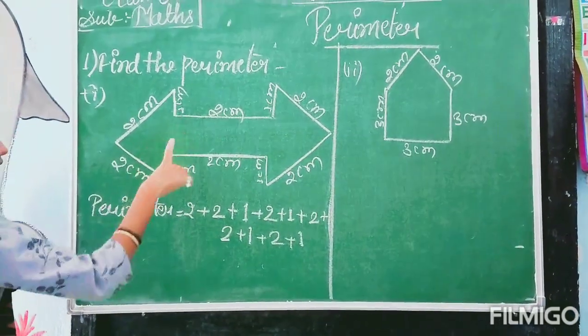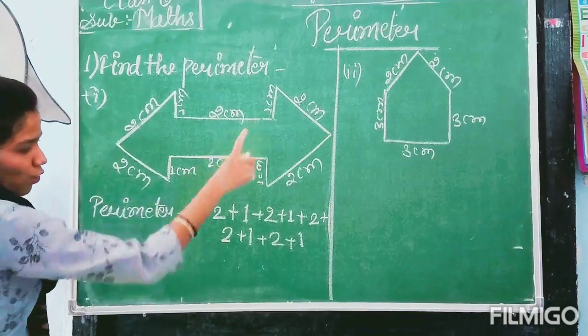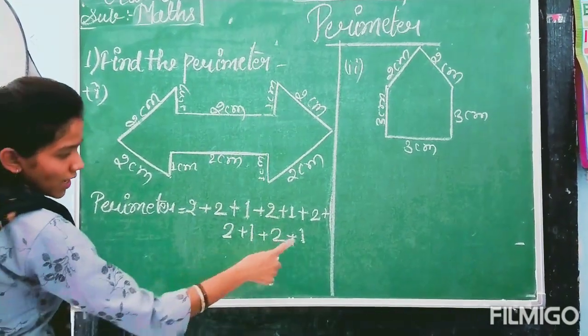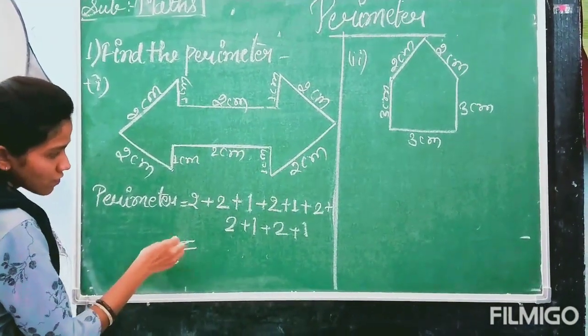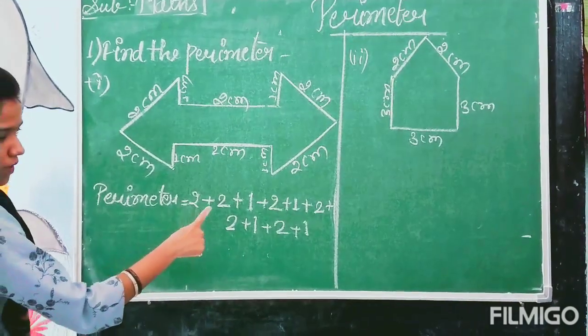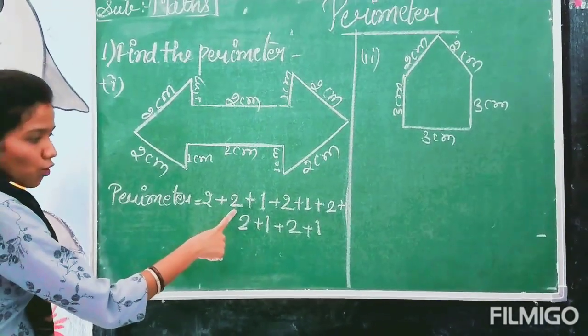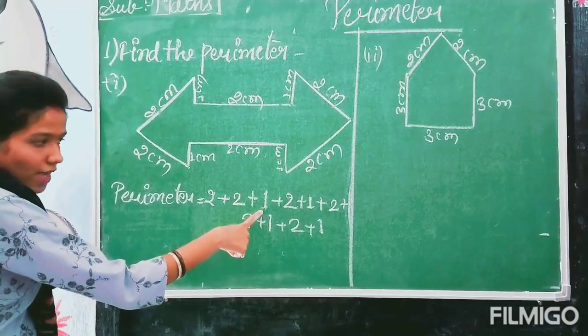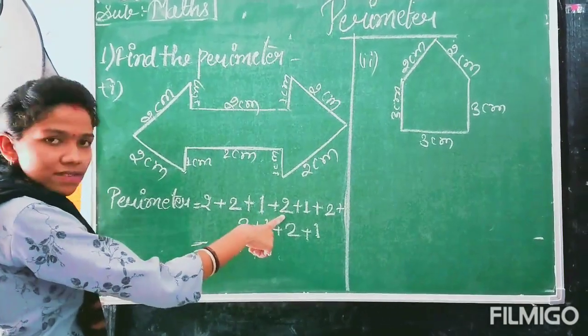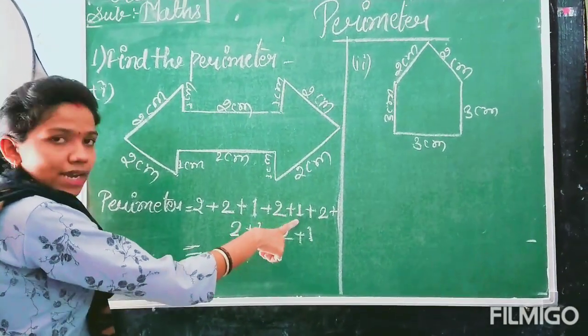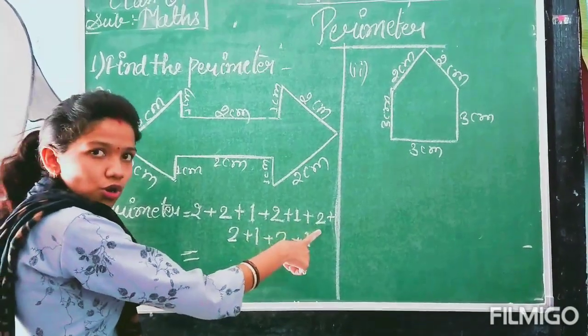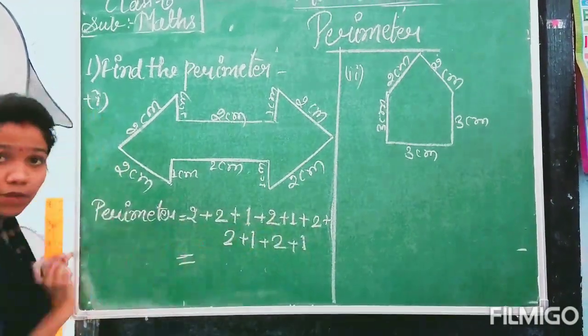Then count the 1s: 1, 2, 3 and 4. Then add all the numbers. 2 plus 2, 4. 4 plus 1, 5. 5 plus 2, 7. 7 plus 1, 8. 8 plus 2, 10.